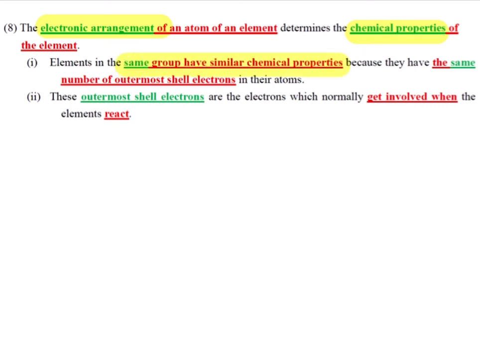Important here: elements in the same group will have similar, not the same, chemical properties because they have the same number of outermost shell electrons. The outermost shell electrons are normally responsible for the reaction, so if they have the same number of outermost shell electrons, they will have similar chemical properties.